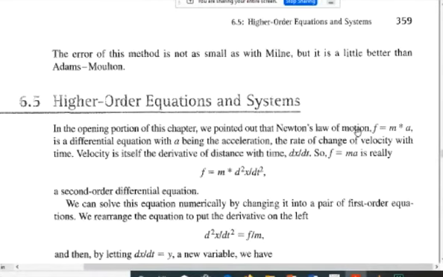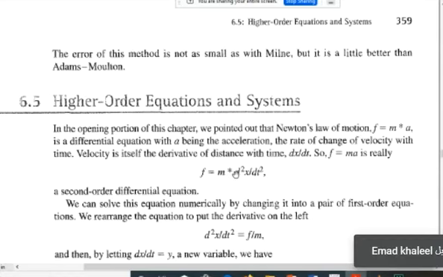an object, with a as the acceleration, and we know that the acceleration is the second order derivative of x with respect to the time, x(t).